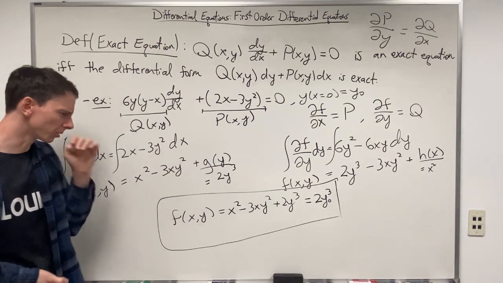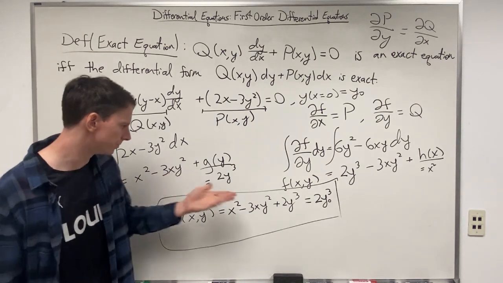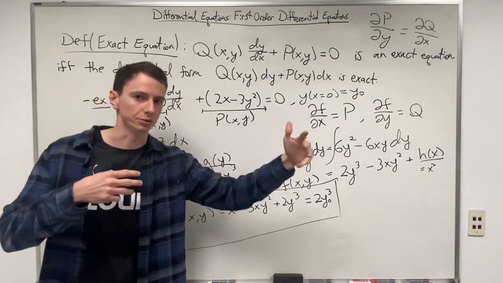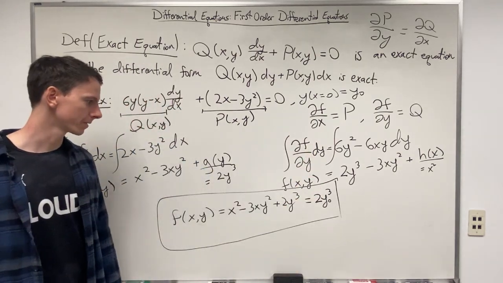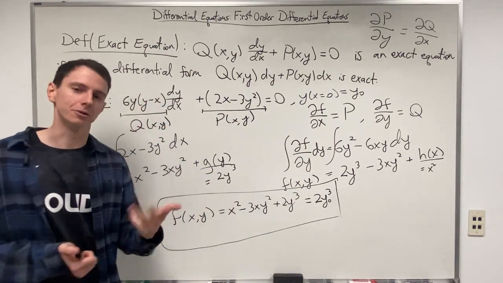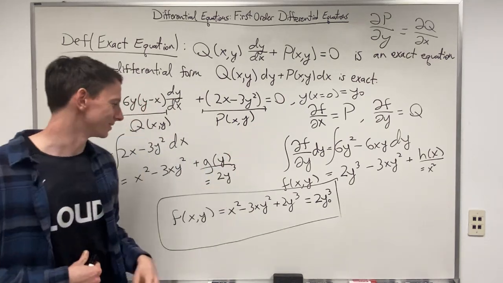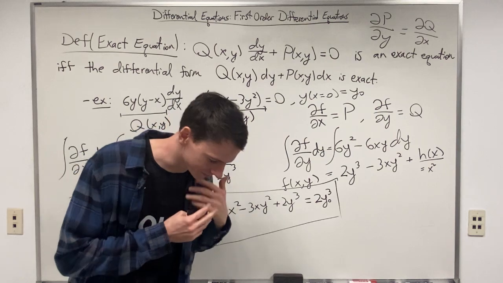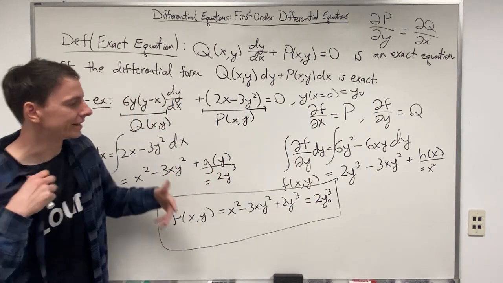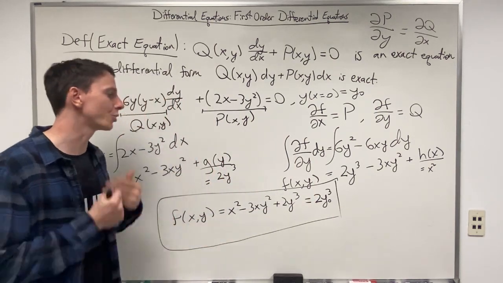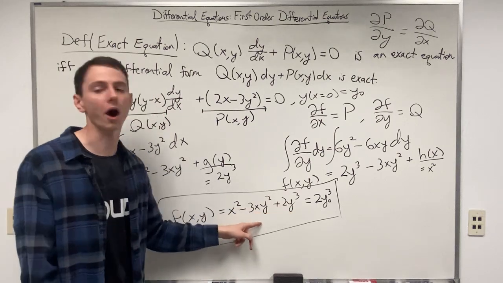Now you might be saying, well, this isn't in the form y of x equals something, right? And what I would say to that is, well yeah, but in theory, you would be able to algebraically solve for y.